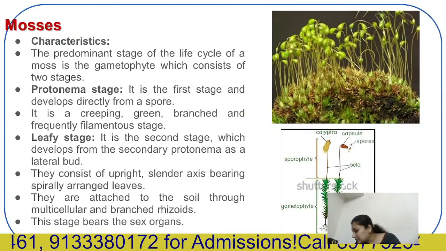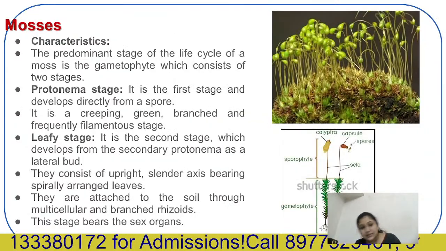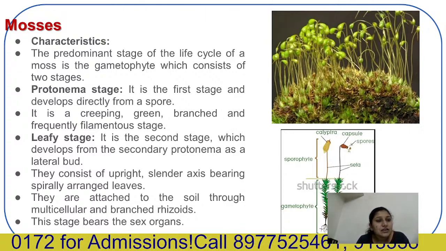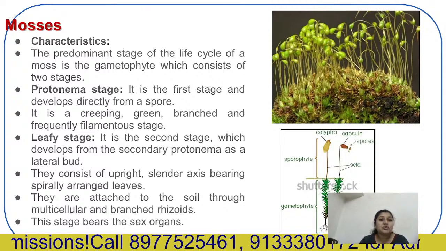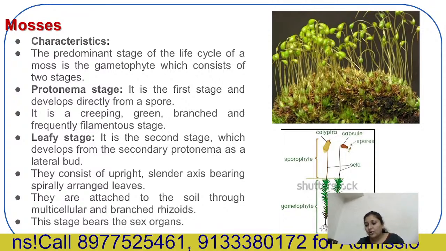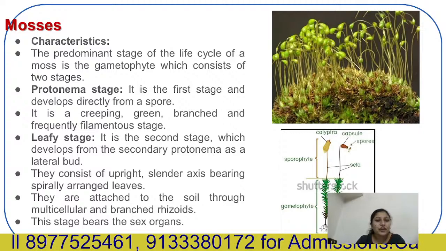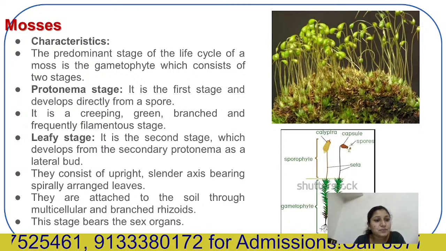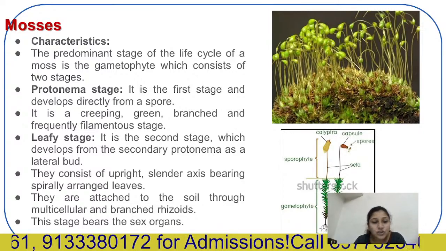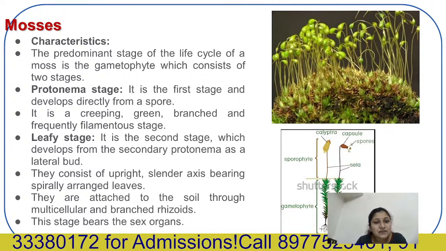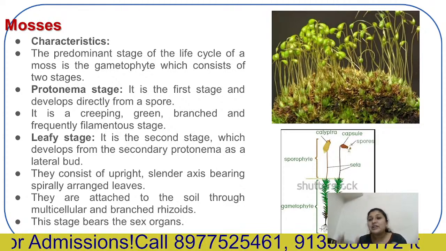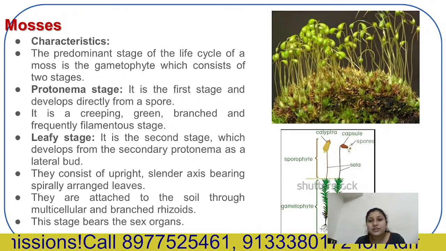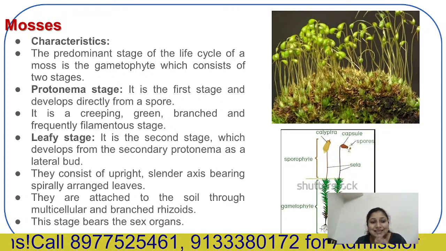Then mosses. The predominant stage of the life cycle of mosses is the gametophyte, which consists of two stages, the protonema stage and the leafy stage. The protonema stage is the first stage, developing directly from the spores. When spores germinate, they give rise to the protonema stage first.